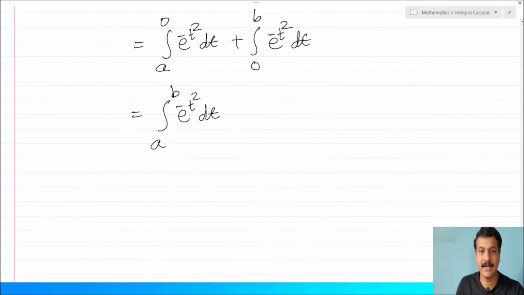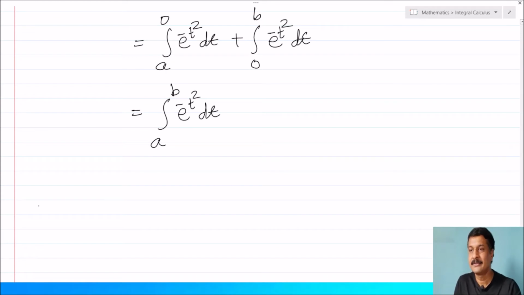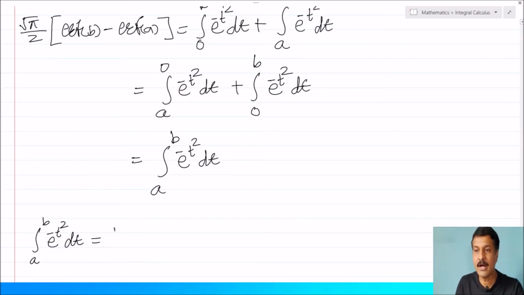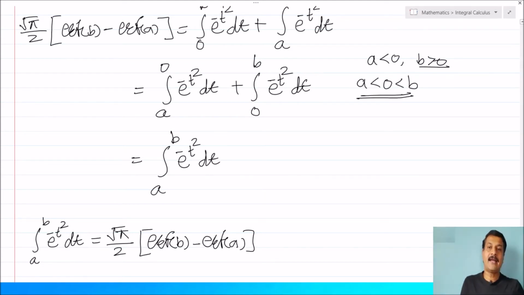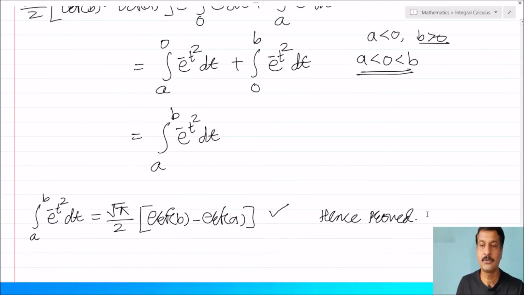Yes, the same thing I got; only I will write the left hand side, integration from a to b e raised to minus t square dt equal to under root of pi by 2 into error function of b minus error function of a. Note that here a is less than 0 is less than b, because a is less than 0 and b is greater than 0, which is our required result.